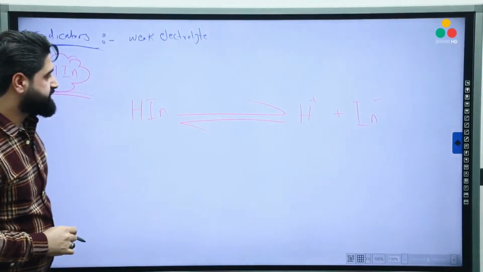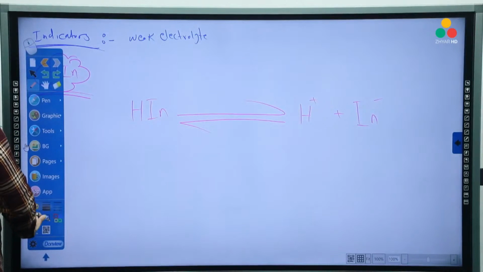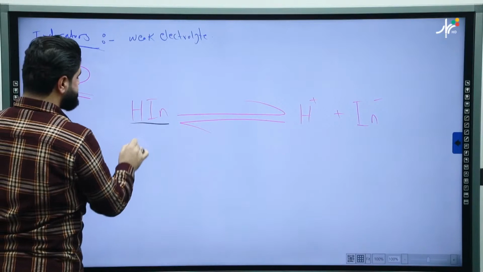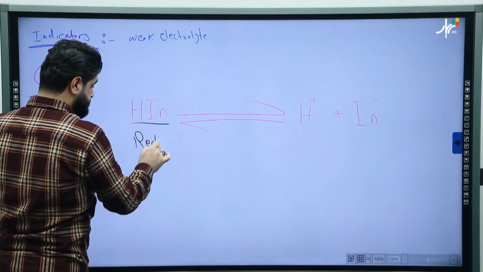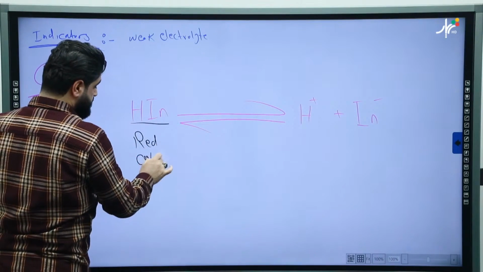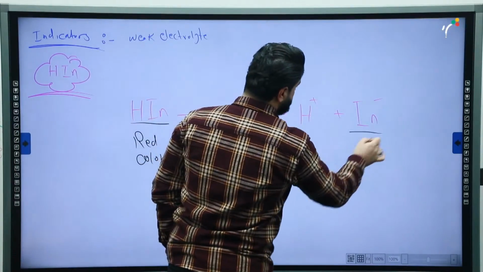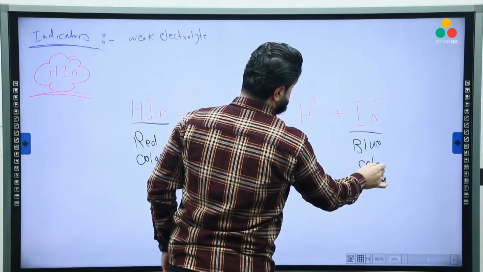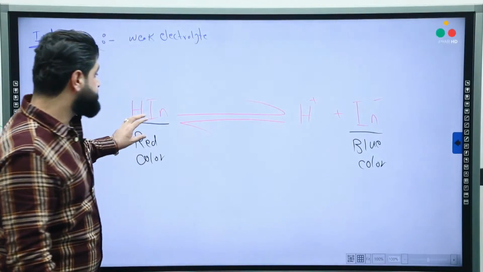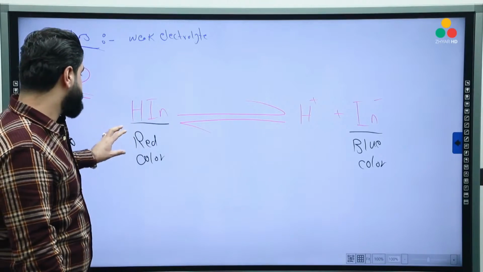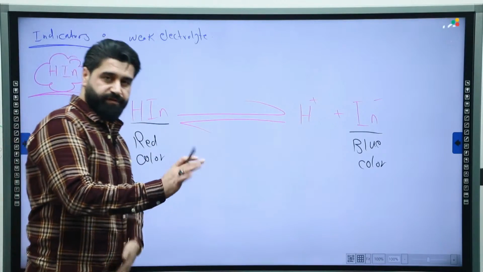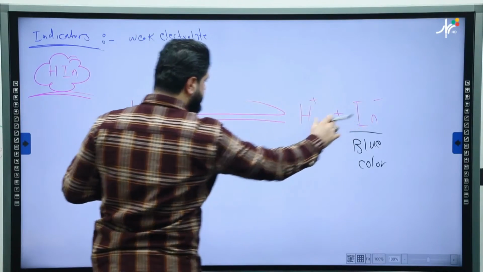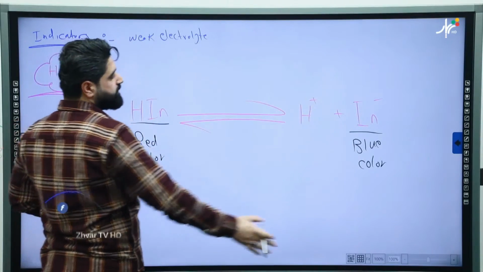HIn has red color, and In negative has blue color. So when we put an indicator into any acid-base aqueous medium, it will first ionize, producing a proton and In negative.